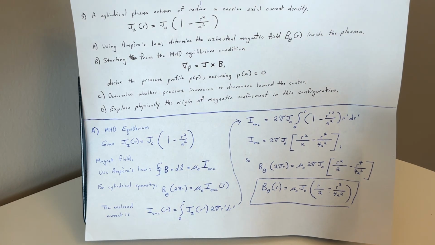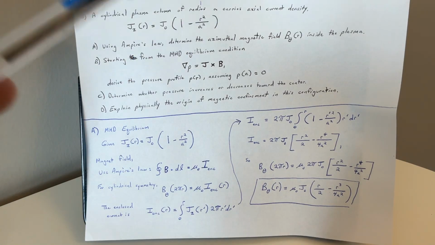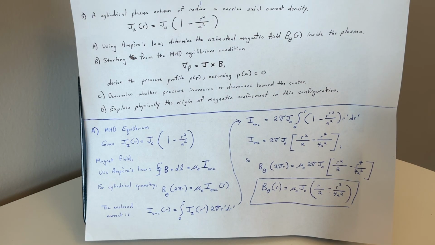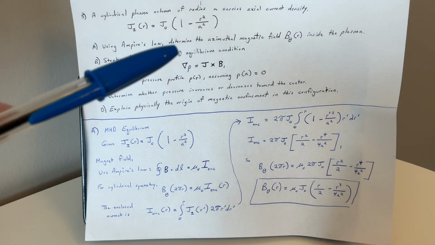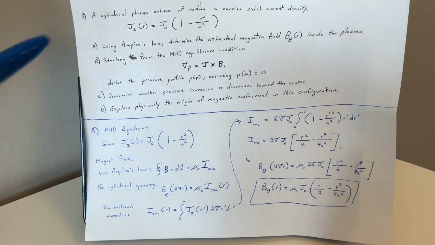Number 5: a cylindrical plasma column of radius a carries axial current density J sub z of r equals J naught times the quantity 1 minus r squared over a squared. So we're dealing with current density here.